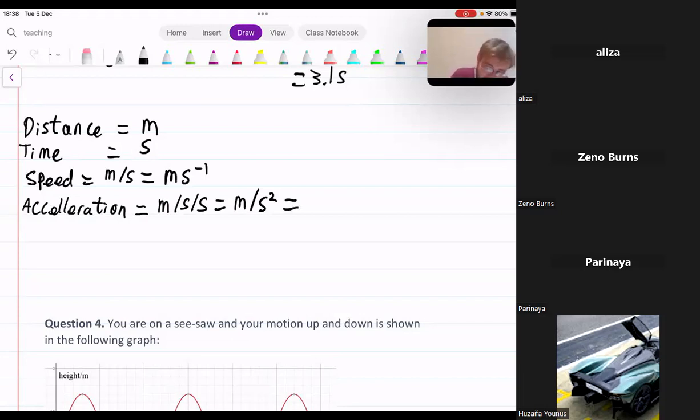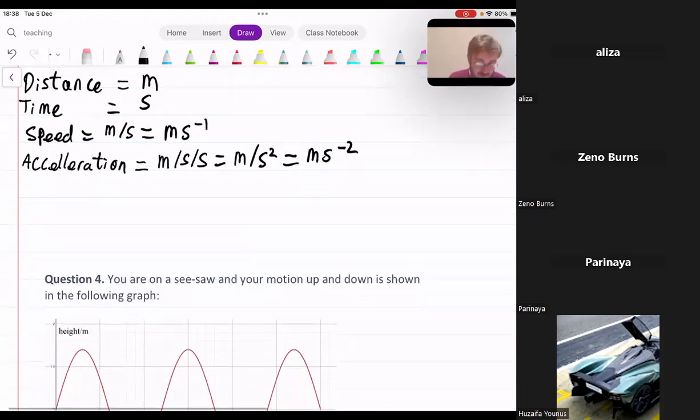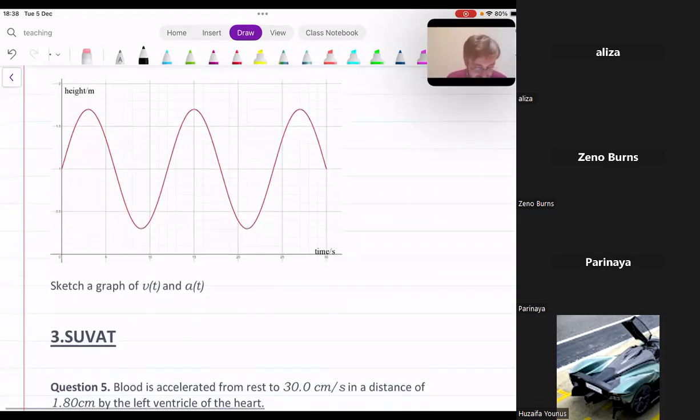And you can rewrite this as m s to the -2, where the -2 means 1 over s squared. So when we say -2, it's just the seconds that get squared for the units, not the meter. That was a very good question.